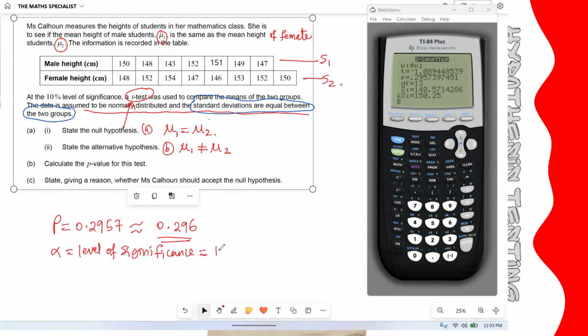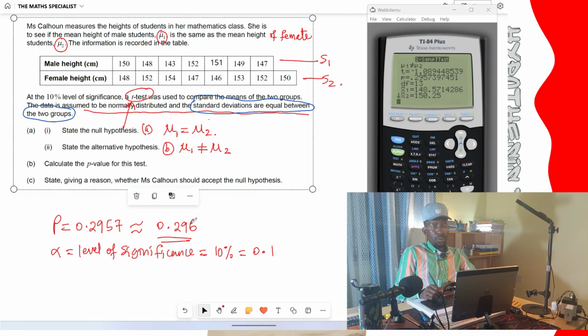Our alpha, what is alpha? Alpha is the level of significance. What is the level of significance? It is 10%, that means 0.1.